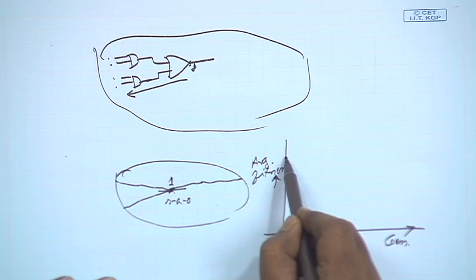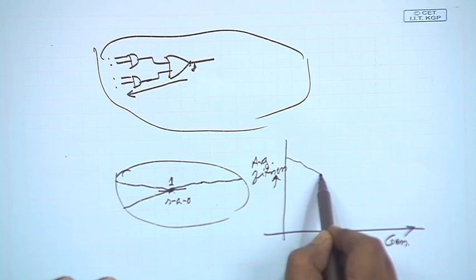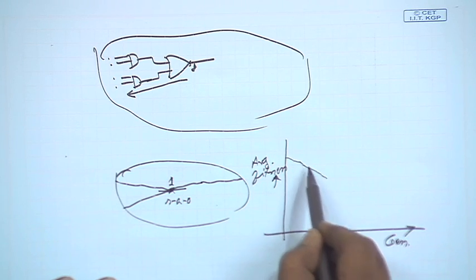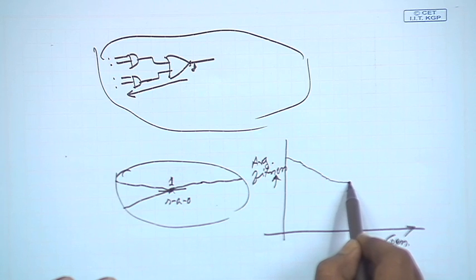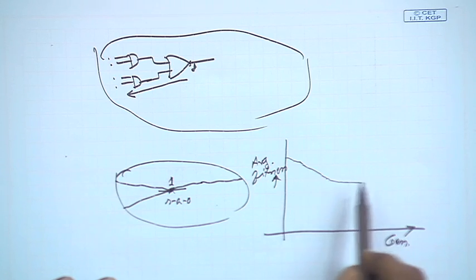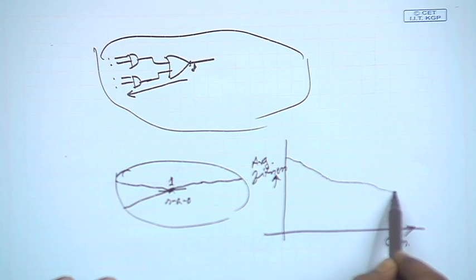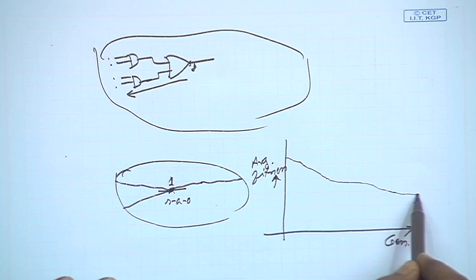Then we will see that for the first few generations it improves very fast, but after that the improvement rate becomes more or less flat, and again after some time it will increase a bit, and then it will go like this.